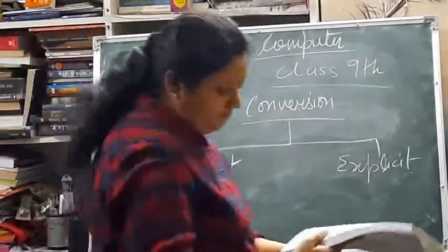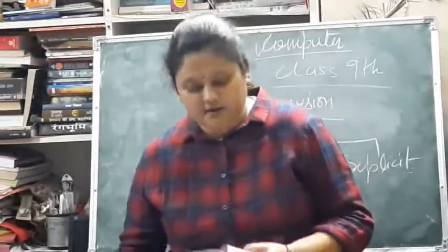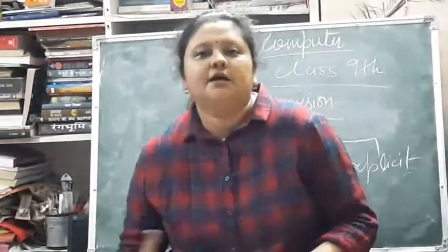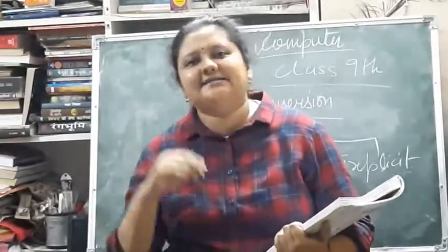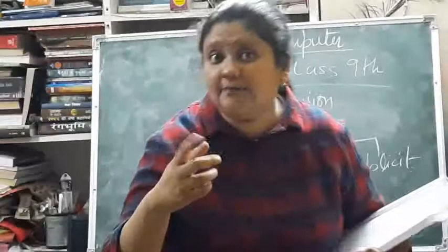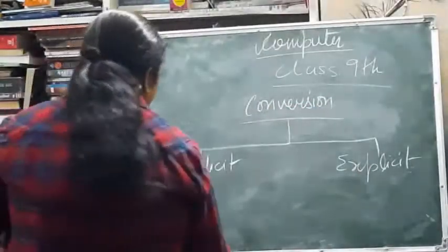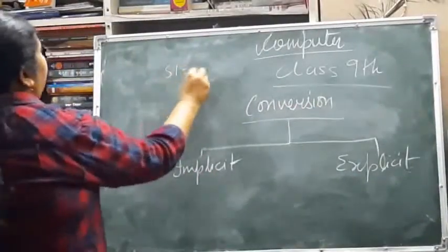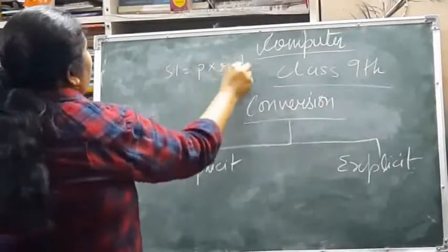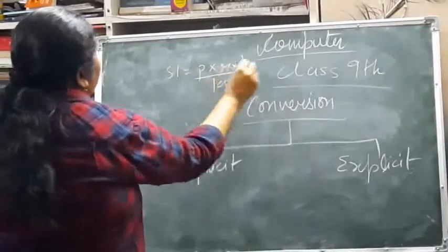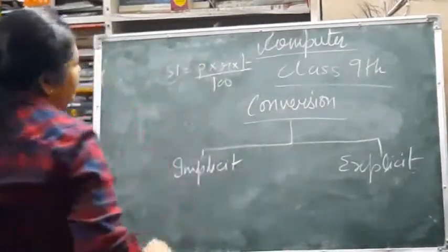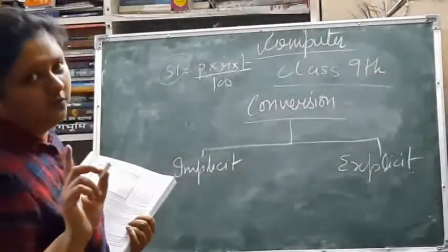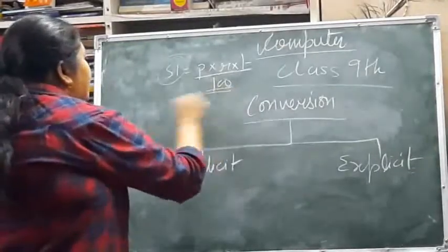You can open your book on page number 49. Let us take the example of SI = PRT upon 100. I have taken P as integer, R as integer, T as integer. Now what do you think? This SI should actually be double type, because I am dividing it by 100.